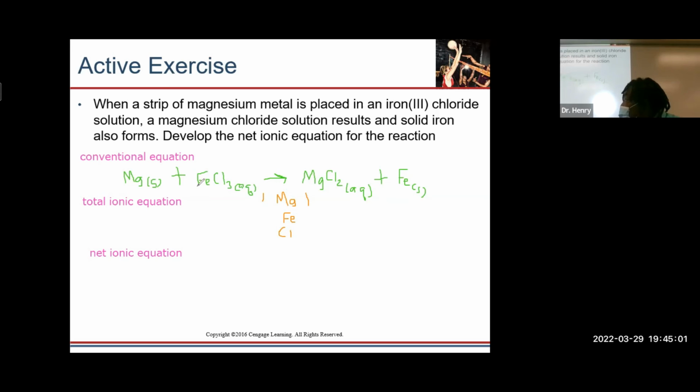How many irons do we have on our reactant side? And on our product side? How many chlorines do we have? Okay, is that balanced? What do I need to do to balance it?